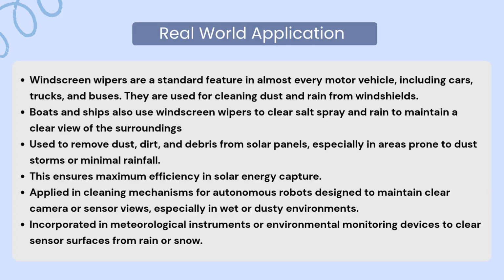Solar panels: wiper systems are used to remove dust and dirt from solar panels, especially in dry regions prone to dust storms. Autonomous robots: used for keeping cameras and sensors clean in dusty and wet environments. Meteorological devices: installed on weather instruments to clear snow or rain from sensor surfaces for accurate readings.